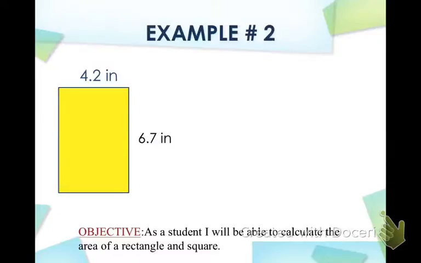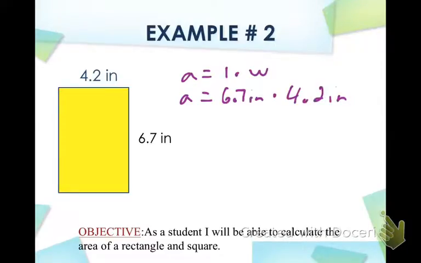All right, moving on, number 2. Okay, this one gets a little bit more difficult. We have, once again, our formula, which is area equals length times width. We're going to go ahead and put in our numbers. Area equals 6.7 inches times 4.2 inches. And we're going to multiply those together.